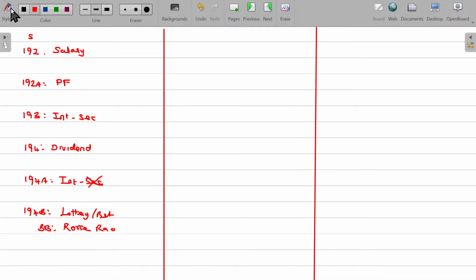194C is contract payment, payment for contract.